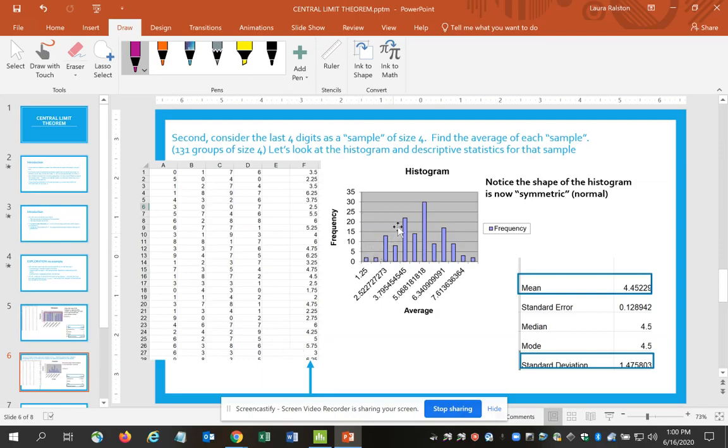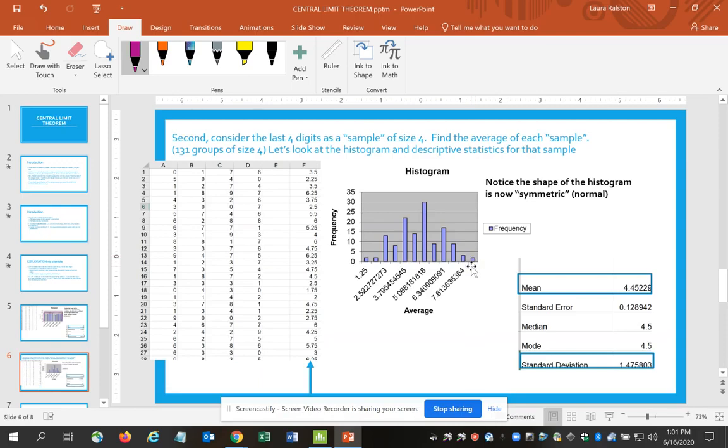So then I created a histogram of those averages. So this histogram here is the histogram for this column F on my spreadsheet. Notice how the shape of the histogram is not uniform anymore.